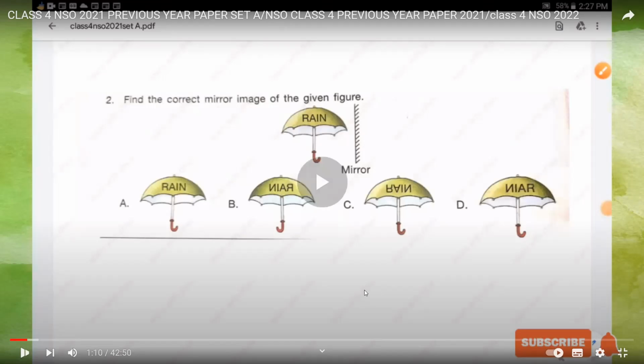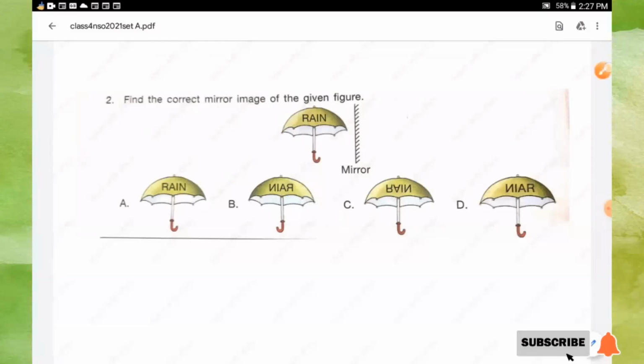Let's check. Find the correct mirror image of the given figure. So in mirror image, we have to follow 3 points.